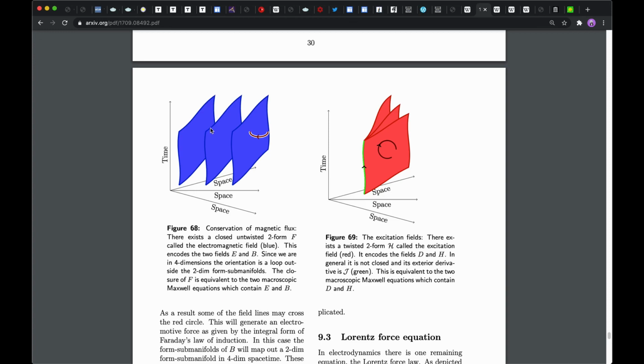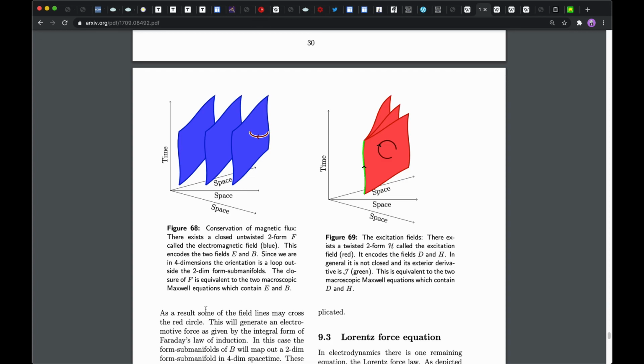That picture also tells us that the exterior derivative of F is equal to 0, and that just means geometrically that those surfaces do not intersect. They could be self-circled somehow, or just go to infinity, and that's the only possible case here.